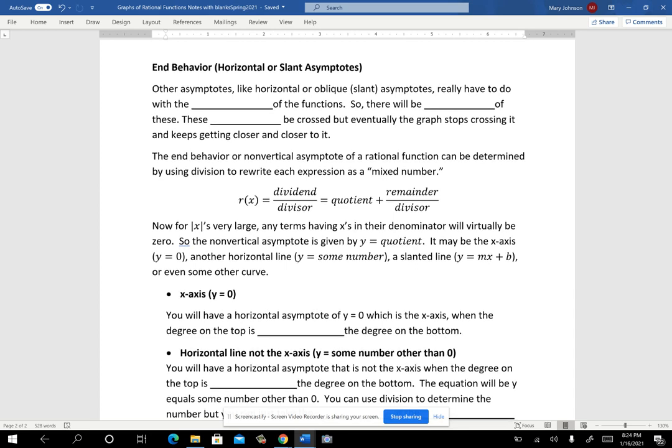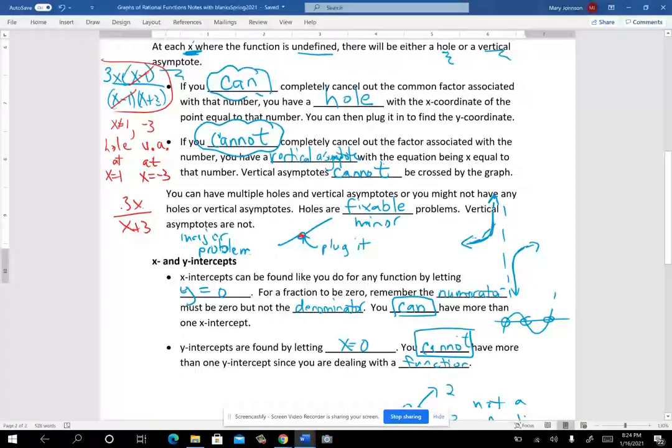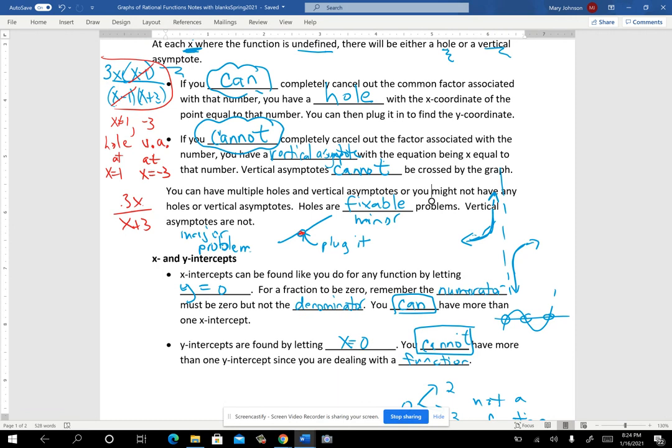All right, so at vertical asymptotes, you're going to have a function that goes to infinity or that goes to negative infinity. That's going to happen a lot. So those are like infinite limits.